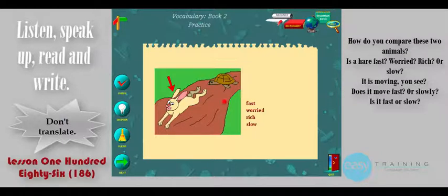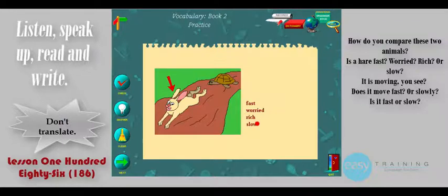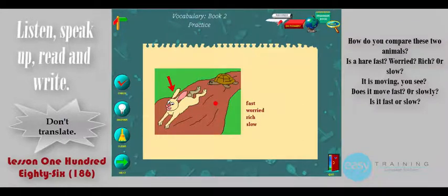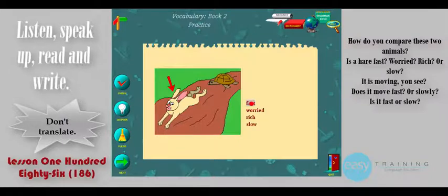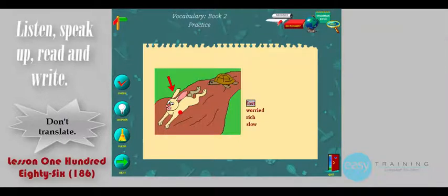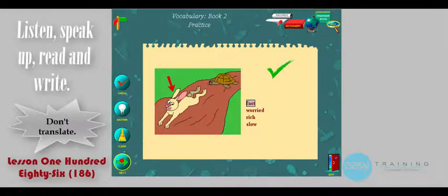Is a hare fast, worried, rich, or slow? It is moving, you see. Does it move fast or slowly? The right word is fast. A hare is fast. Correct.